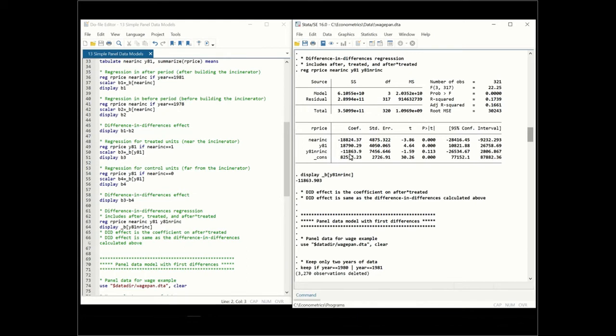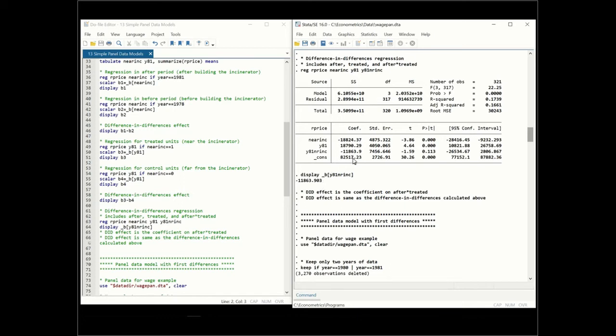That's the interaction term. So notice that the coefficient on the interaction term, this number here, is exactly the difference in differences effect. So again, we're finding that houses that are treated, which means near the incinerator, are $12,000 lower than houses that are far from the incinerator in the second period.